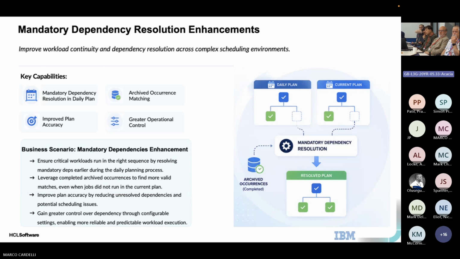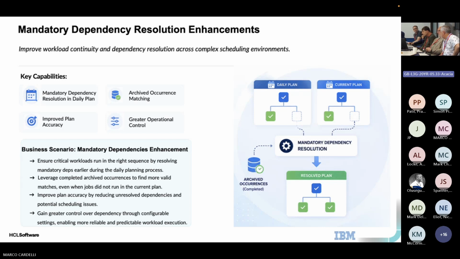This is another enhancement on mandatory dependency. So basically, we have improved the mandatory dependency resolution. Is anybody of you using mandatory dependencies? These are dependencies that need to be resolved during the execution of the plan, because they stay there. We're kind of using it more where we have event-driven scheduling, but we may not be able to sequence that event, but it tends to be just where it has to run before.